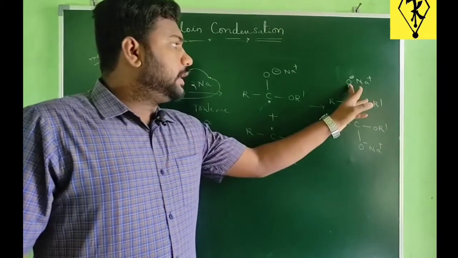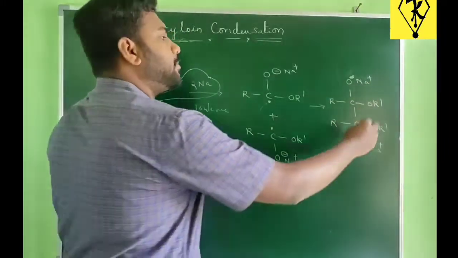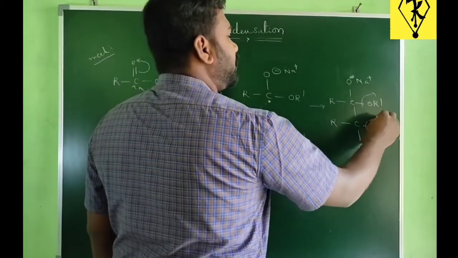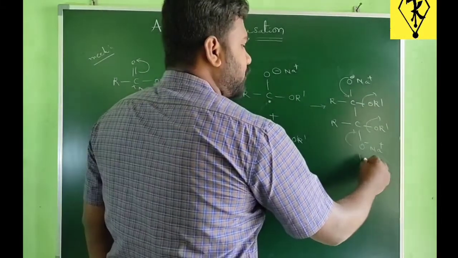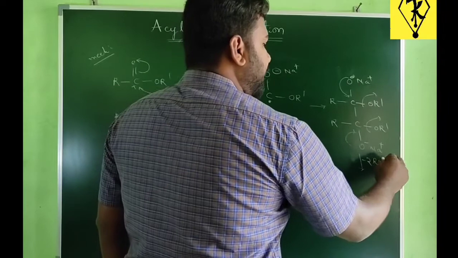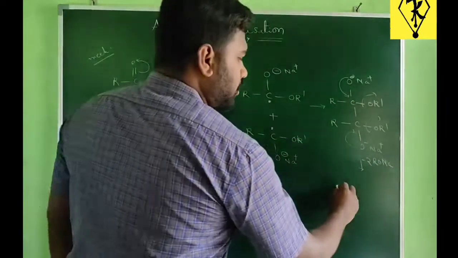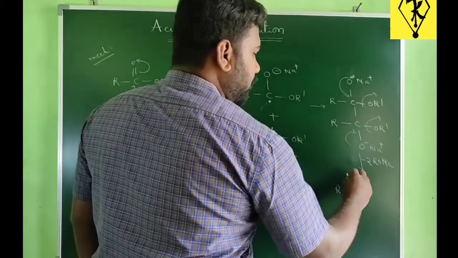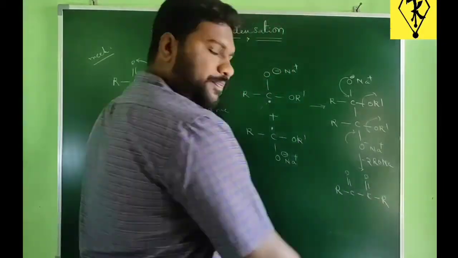Now delocalization of the negative charge on oxygen takes place with the simultaneous elimination of these 2 alkoxide groups. It becomes a diketone, C double bond O, C double bond O, R.